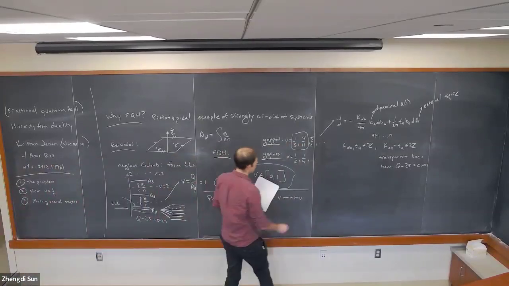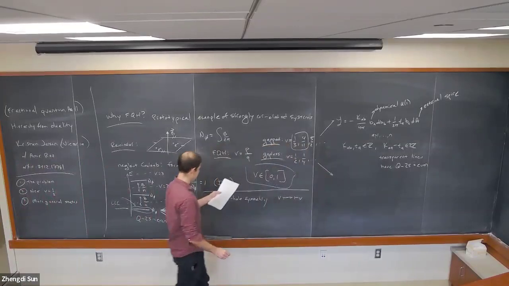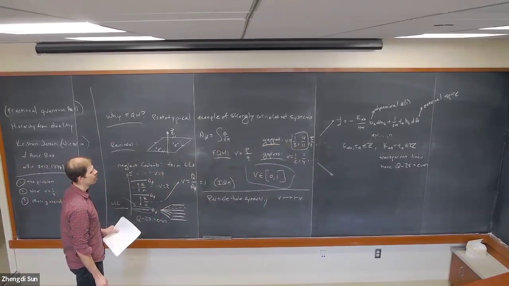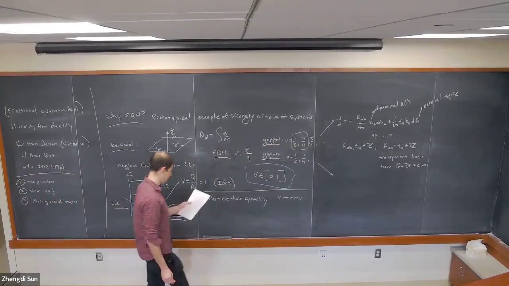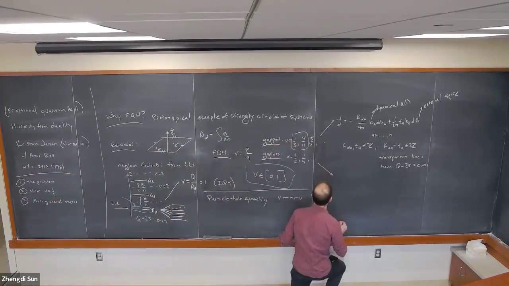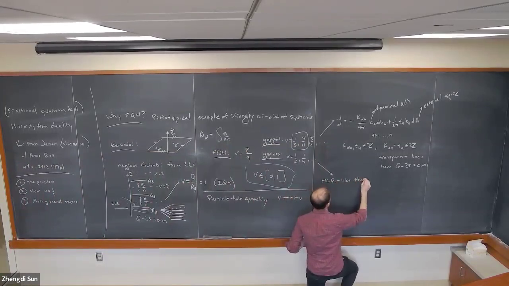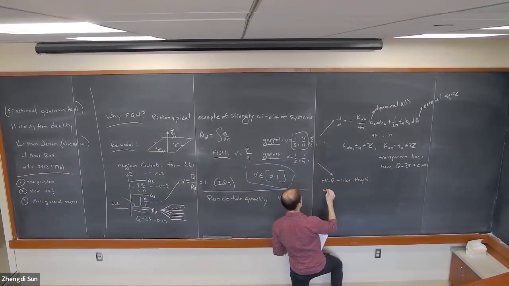For the gapless ones, there's an existing proposed effective field theory description of these phases on the market. It goes by the name sometimes of HLR-like theories, or Halperin, Lee, and Read, sometimes called composite fermions.